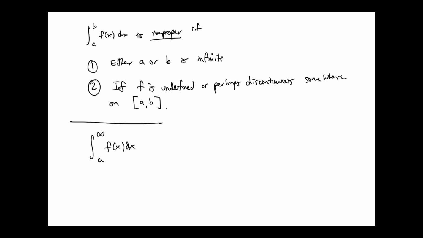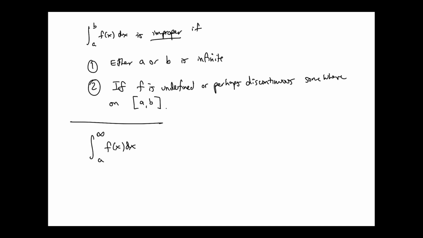Say, for example, the integral from minus infinity to infinity of 1 over x. We've got infinite bounds, but 1 over x also fails to be defined at 0. So it meets both of these criteria of improperness. Now what we do to deal with that is another matter, which we'll obviously get to.